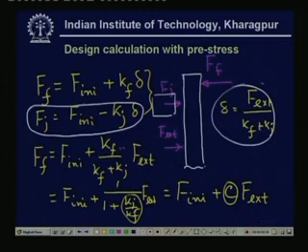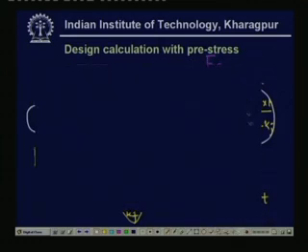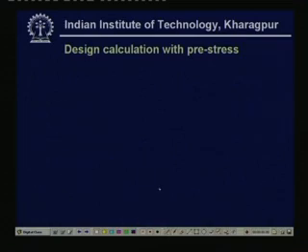Now how do we calculate this Kf? For Kf, we can use a very well-known formula, that is, we can consider this to be a rod.